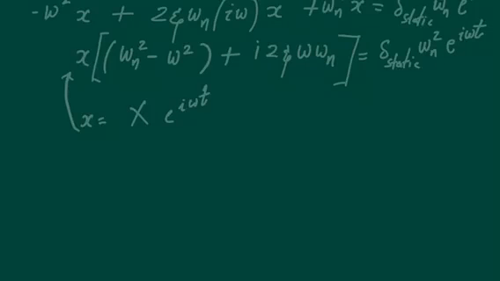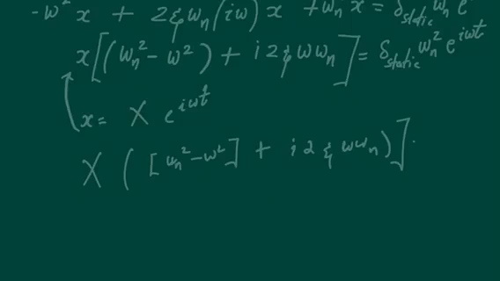So we are only left with capital X times (omega n square minus omega square plus i 2 zeta omega omega n) is equal to delta static omega n square. Make sense?